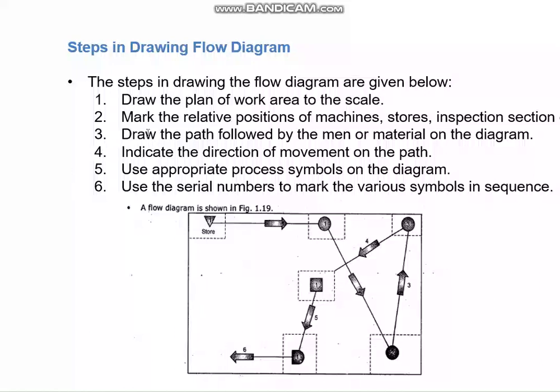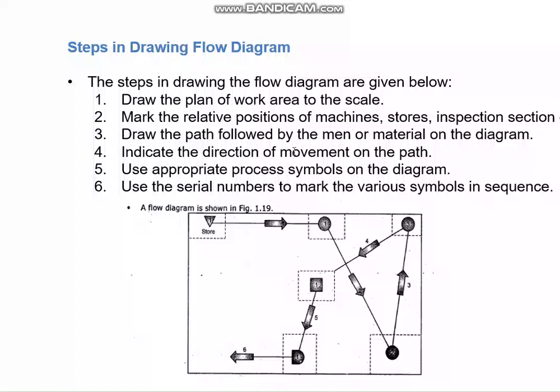Then mark the relative positions of machines, stores, inspection section, etc. Here the store, here these three are machines, here is the inspection section, and here it is a temporary storage. All these relative positions, you mark them.